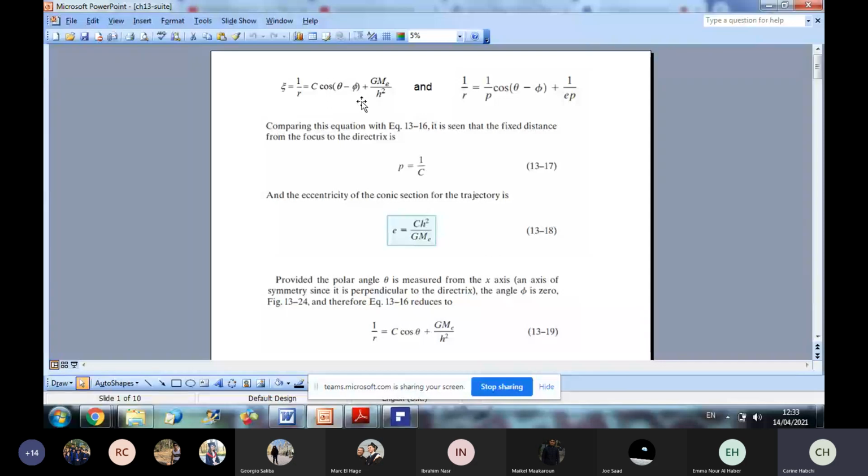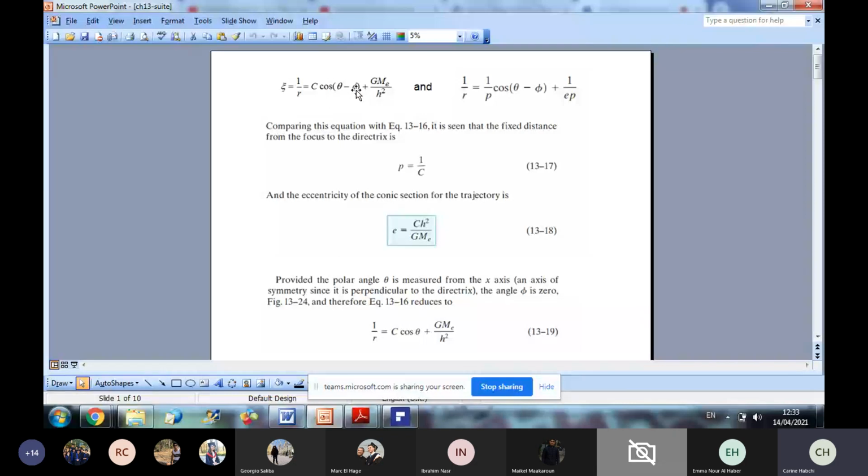In case we have something different, I will do a problem with you to see what to do. But in general, phi is 0. So in this case, theta represents the angle from the axis of symmetry of the conic to any position vector OP. Okay?